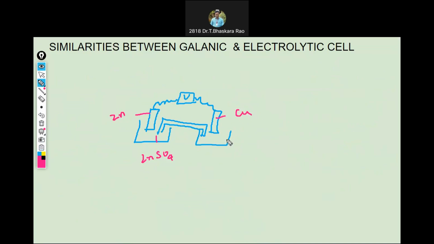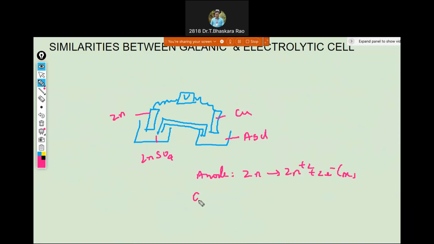In the case of copper, I am taking silver chloride as the electrolyte. What is the anodic reaction and the cathodic reaction? Many students will predict the anodic reaction perfectly: zinc gives zinc plus 2 and 2 moles of electrons. This is the oxidation reaction at the anode.